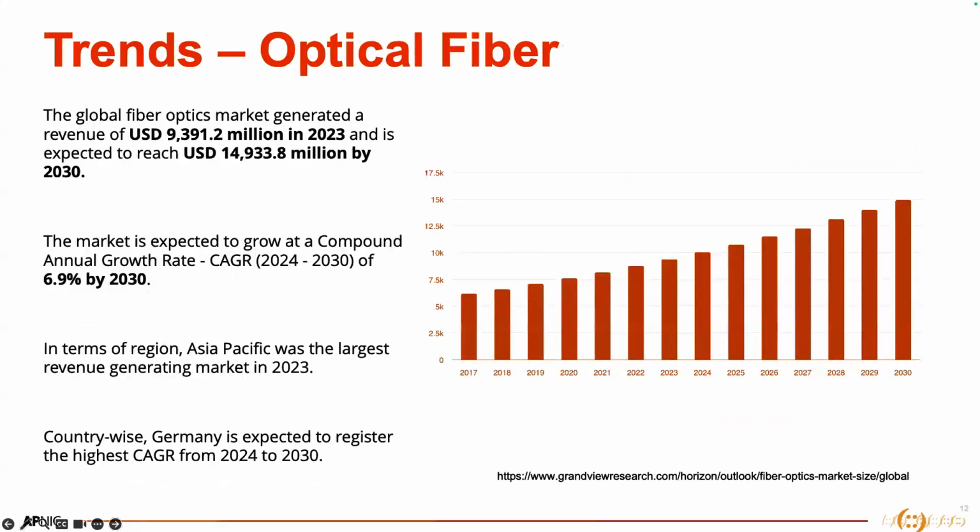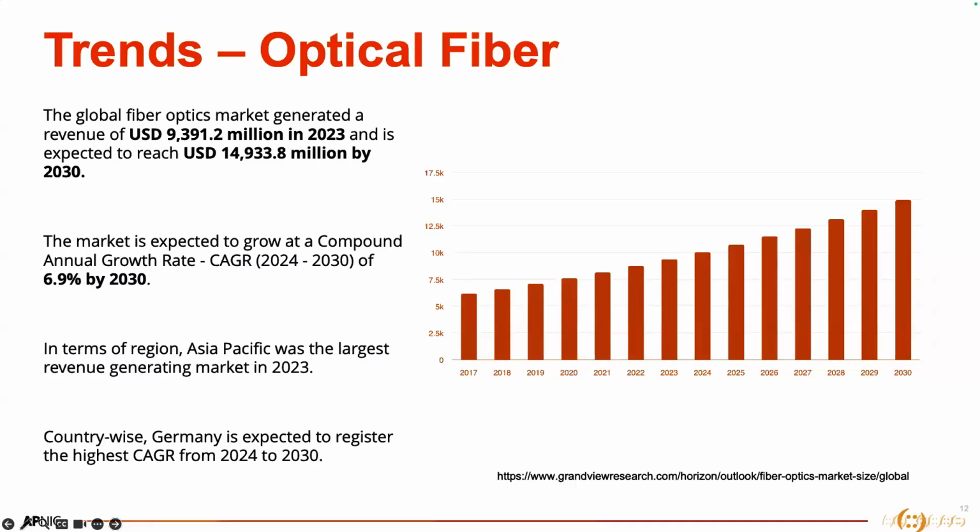On the other hand, if you take a look at the market of optical fiber, only 6.9% increase is expected by 2030. This calculation is based on the last couple of years. We are talking about 2030, which is 6 years from now.